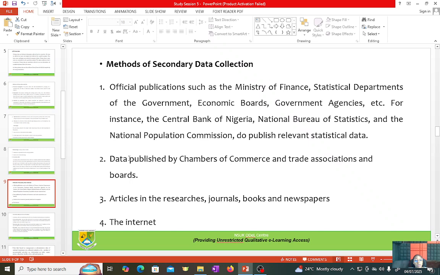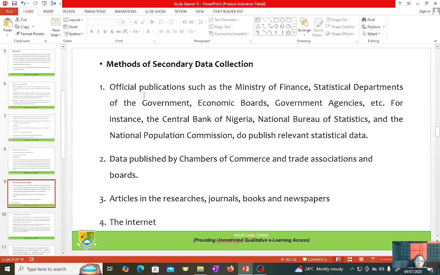So here we'll be looking at the methods of secondary data collection. Like I earlier mentioned, secondary data can be sourced from governments, institutions, and bodies concerned with certain kinds of data.